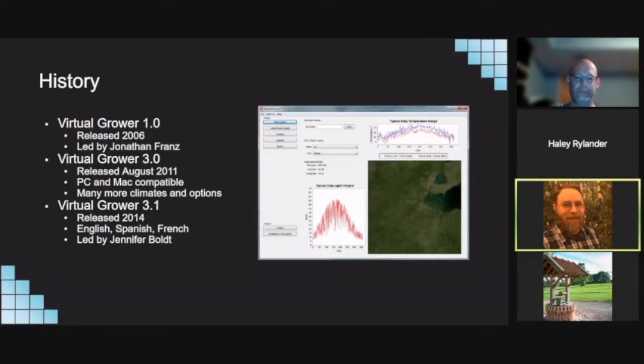Over the past several years, there have been many improvements. It became PC and Mac compatible with many more climates added. A multi-language option was included in the most recent version, which is 3.1. At that time, Jennifer Bolt was the lead scientist on it.